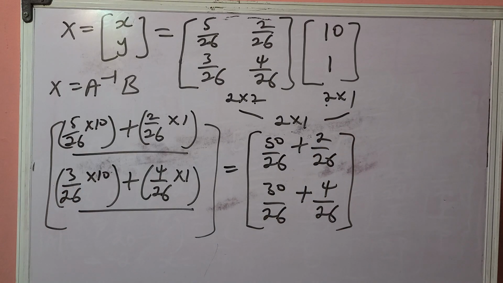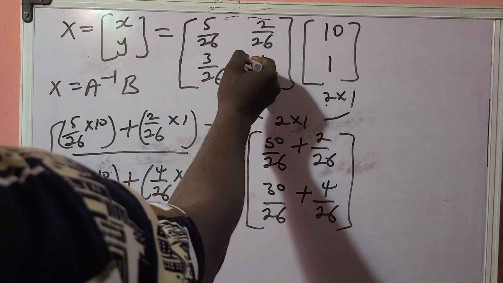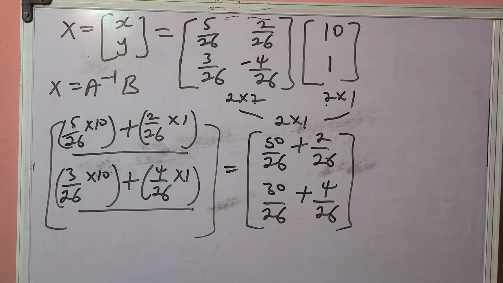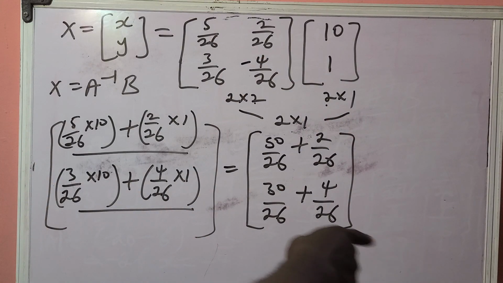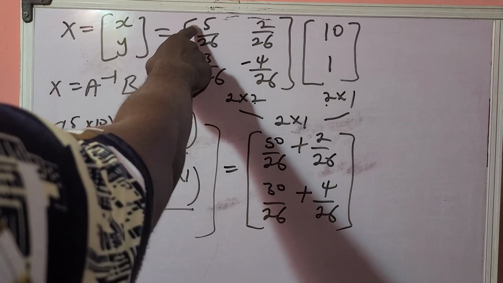All right, there's a mistake somewhere here because we're supposed to have our minus sign here. I should have written that here. Once we were bringing out the inverse, remember this was all having minus.